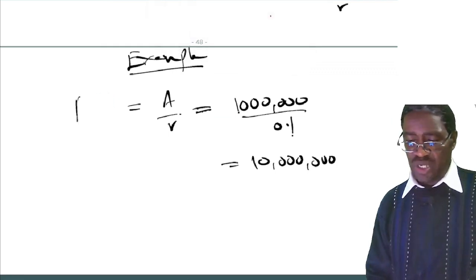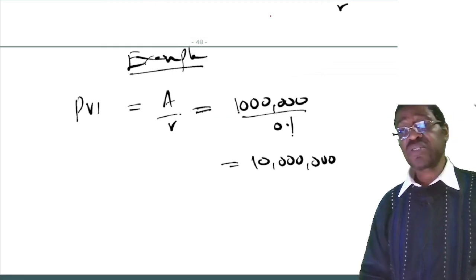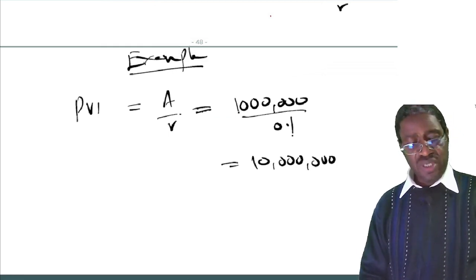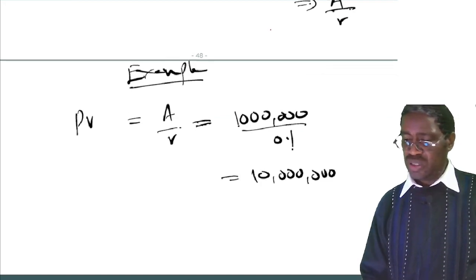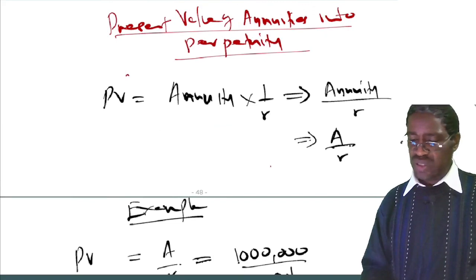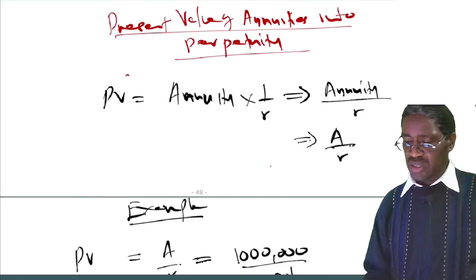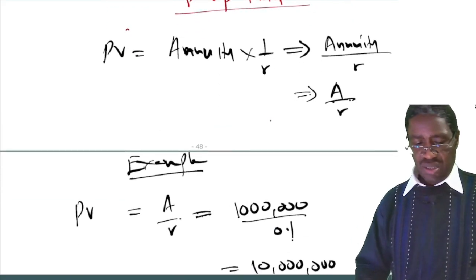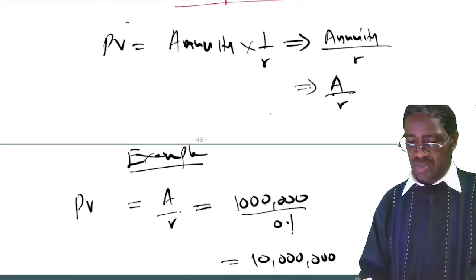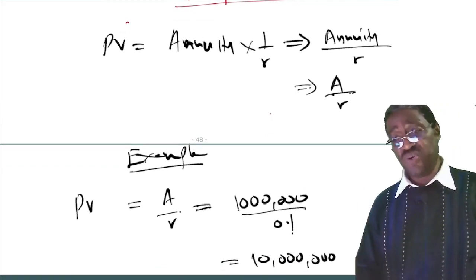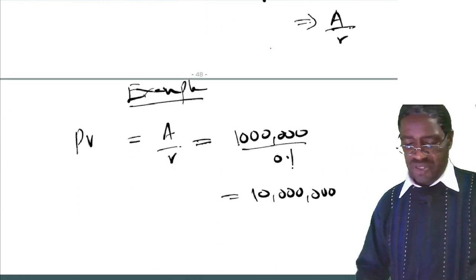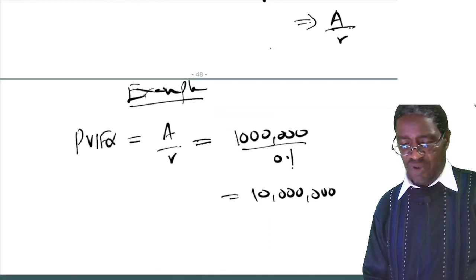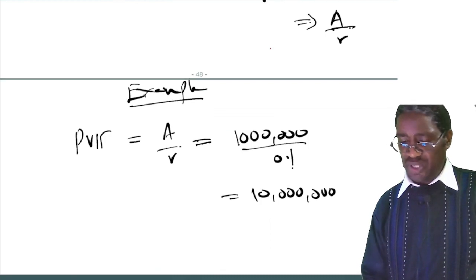This is what we are calling the present value interest factor of annuity into perpetuity.